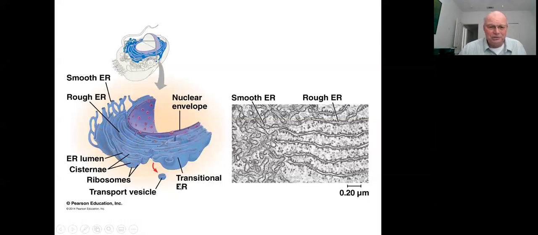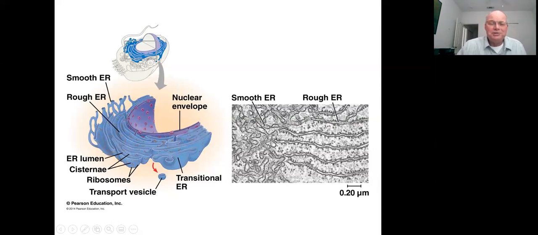The term transitional ER is a relatively new term. Again, I'm not sure how consistently this is used, but the textbook has it here. I've been doing this for a long time, and I learned that there was no such thing as transitional ER. We didn't have that term when I learned this. So the transport vesicles just budded off the rough endoplasmic reticulum. Again, we have the name transitional ER here, so we can use that term, and I'll try to remember to use it.